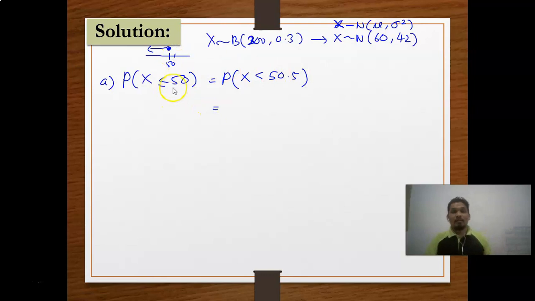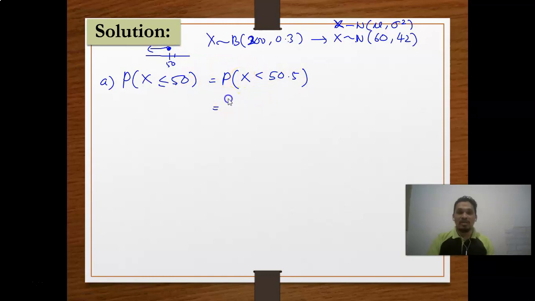The first step here now is a step for continuity correction. Since we are going from binomial, which is discrete, to normal, which is continuous, the first step is to make a continuity correction, plus or minus 0.5. For this case, it is plus 0.5.